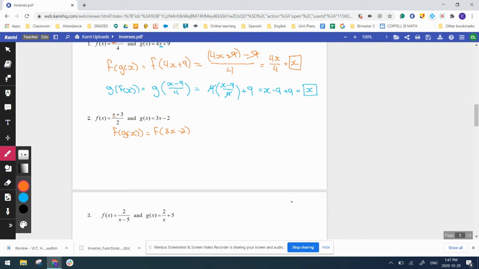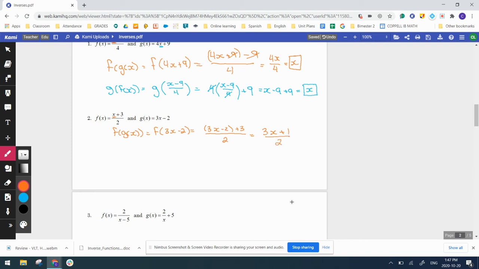So again, we're going to replace this x with 3x minus 2. So we're going to have 3x minus 2 plus 3 all over 2. So if I have negative 2, positive 3, that's going to give me 3x plus 1 over 2.